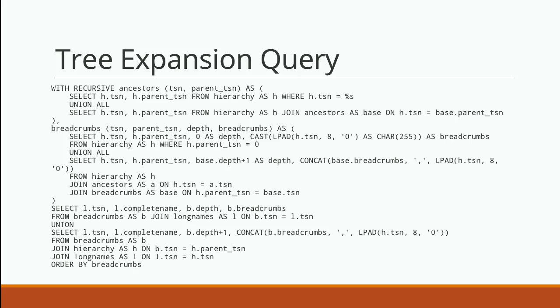But the problem with that is the one we saw before is that when you start at the bottom and go up, then your depth is reported as maximum when you reach the top of the kingdom. And I want to go the other way because I want to be able to indent starting from 0 at the top level and indent down to the lowest species.